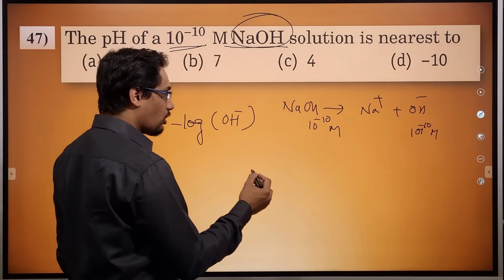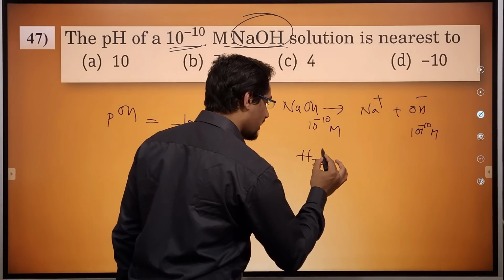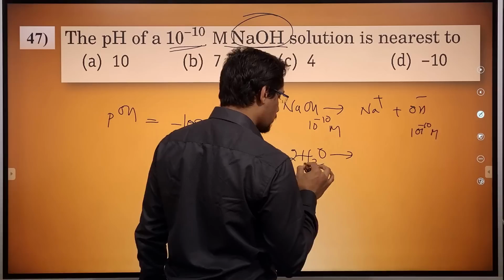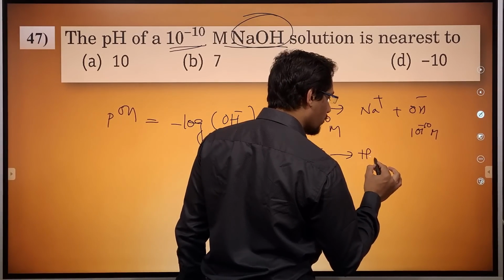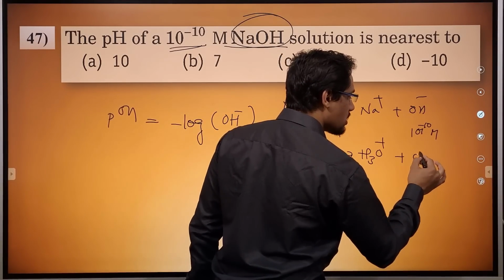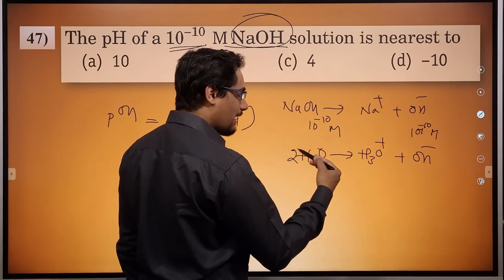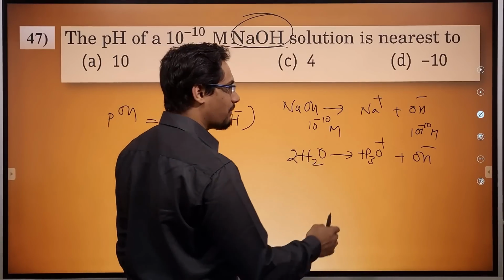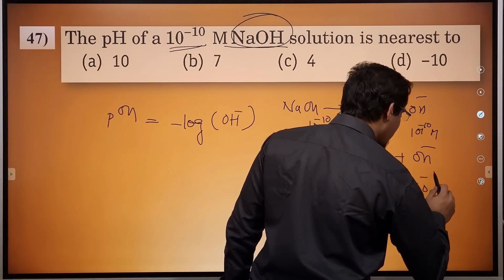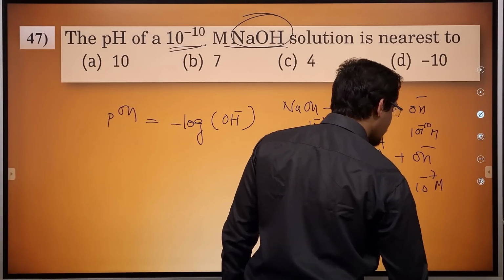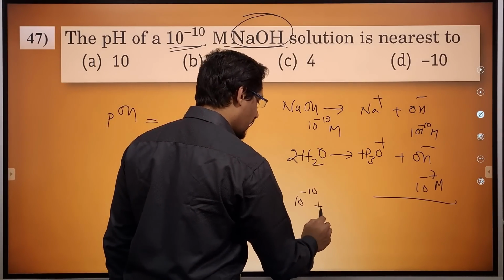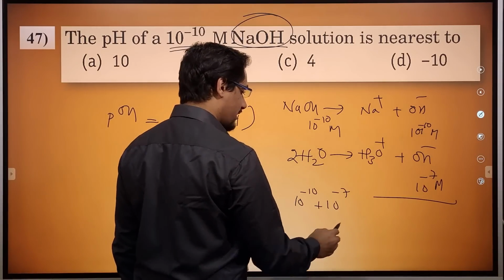Along with it, the solution also contains OH minus from the auto dissociation of water. 2H2O dissociates into H3O plus and OH minus, and the ionic product of water gives 10 to the power minus 7 molar of OH minus. The total is 10 to the power minus 10 plus 10 to the power minus 7.